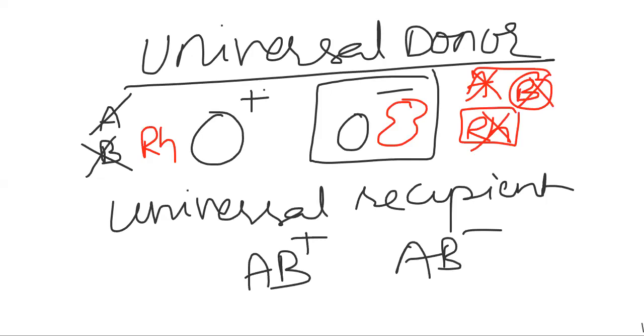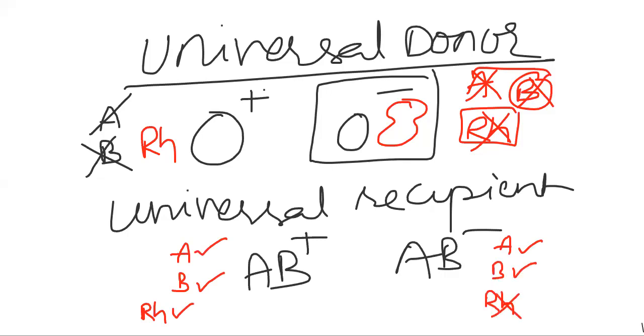Next, universal recipient. It contains A antigen, B antigen, and Rh antigen also. AB negative contains A and B antigen, but it doesn't have Rh antigen. So the best universal recipient is AB positive, because it has all, so no antigen is felt as foreign. It already has them, so how can it feel them as antigen? That's why AB positive is the universal recipient and O negative is the best universal donor.